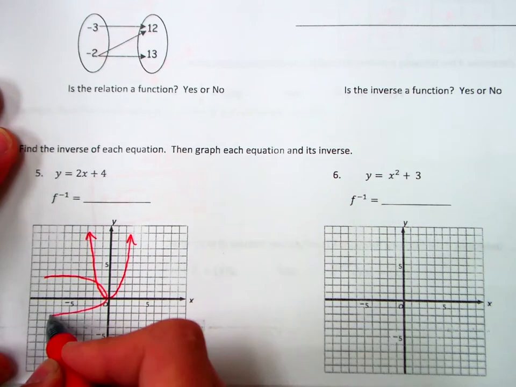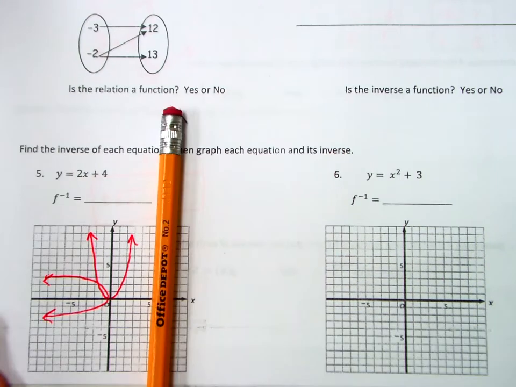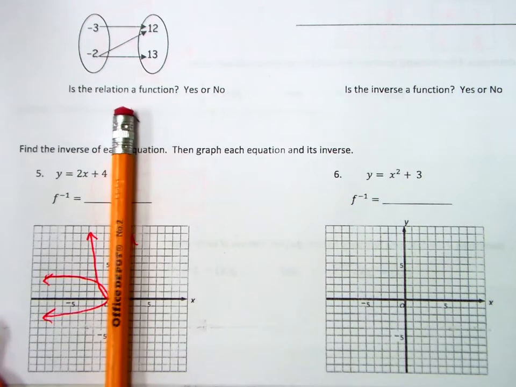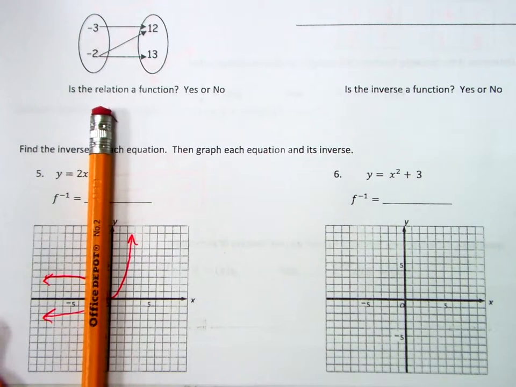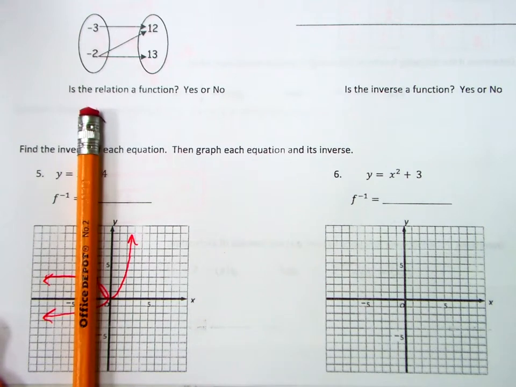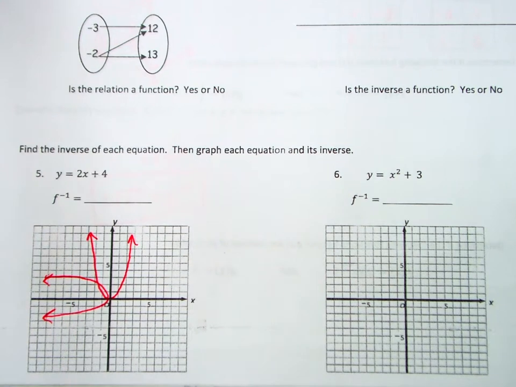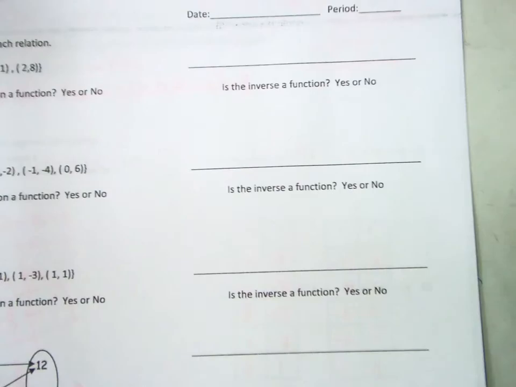That's an awful drawing, but the concept is still there. It looks something like that. If I did the vertical line test, notice it's hitting this function in two places. So for any given input, I could have two outputs. That's not a function. So that would be what a function would look like.